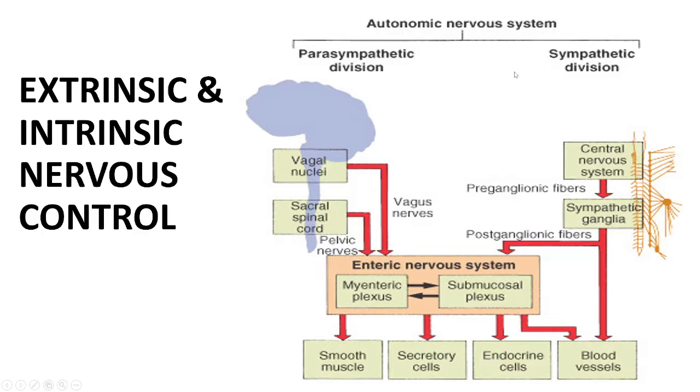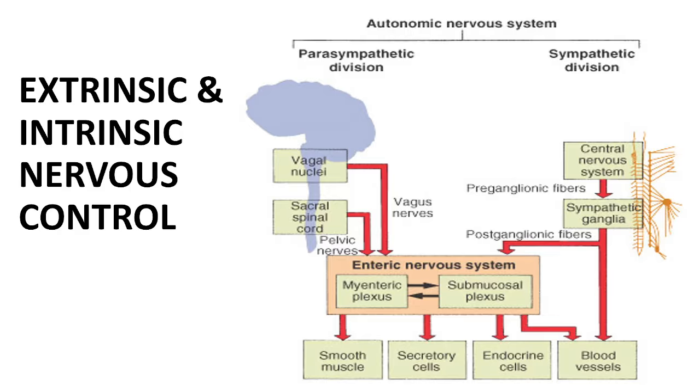So the autonomic nervous system has two subdivisions, parasympathetic and sympathetic. When we talk about parasympathetic nervous supply, the majority of it is provided by the vagus. So the vagus supplies everything starting from the esophagus, including the transverse colon.